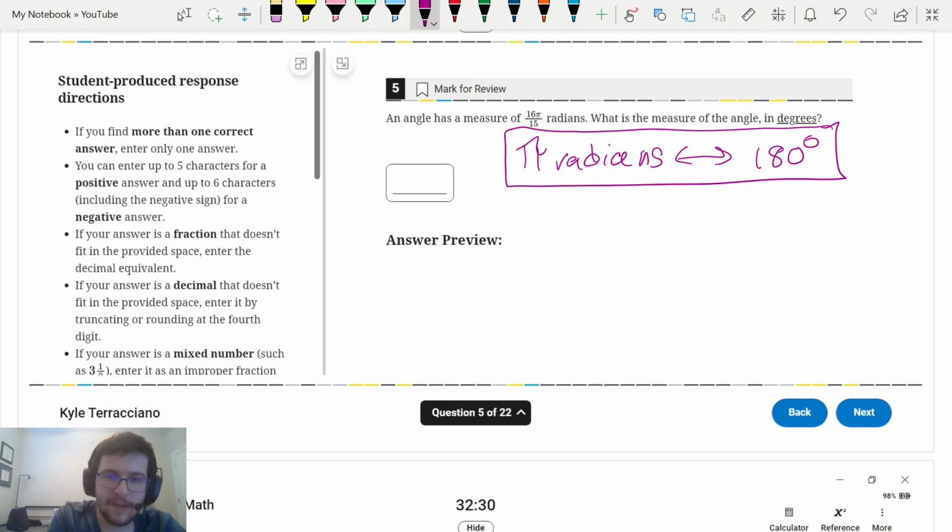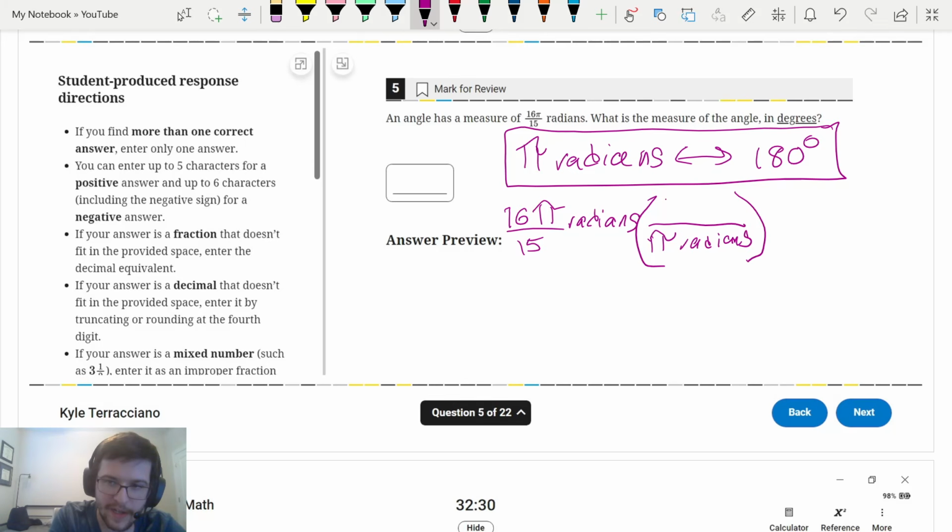So we have 16 pi over 15 radians. And we're going to, again, try to cancel out the radians. So we're going to put pi on the bottom and 180 on the top. And we see that the units do cancel.